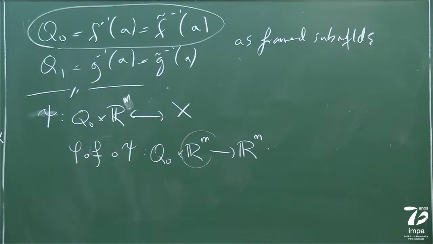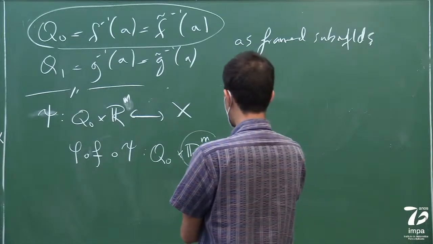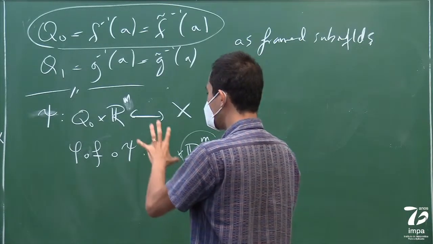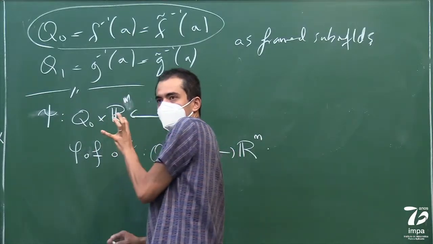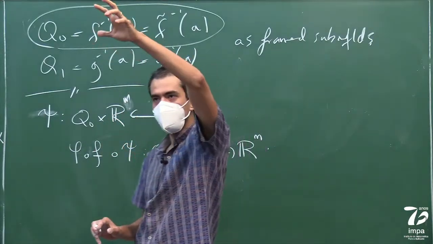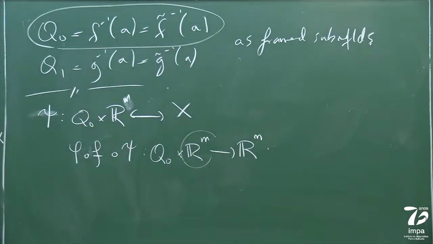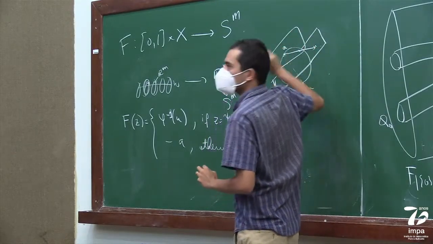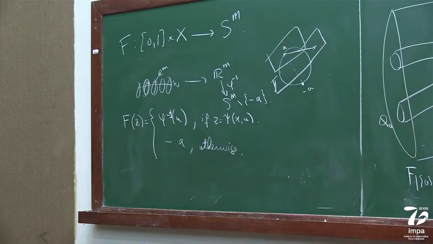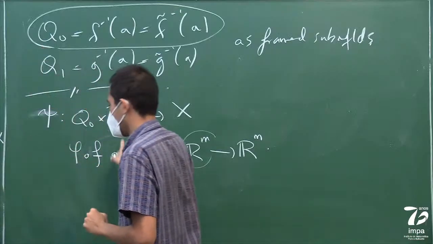And then the framing will bring this basis to a fixed chosen framing of the tangent space of the manifold here. So that's how I chose the framing of Q0 using F.